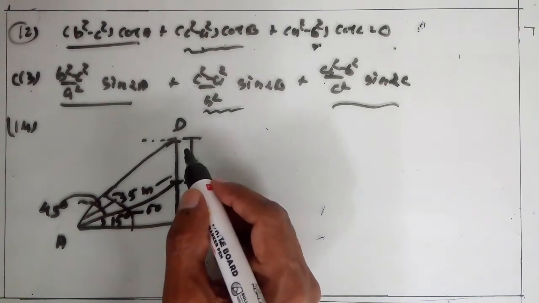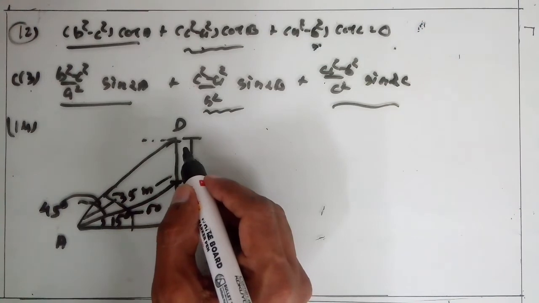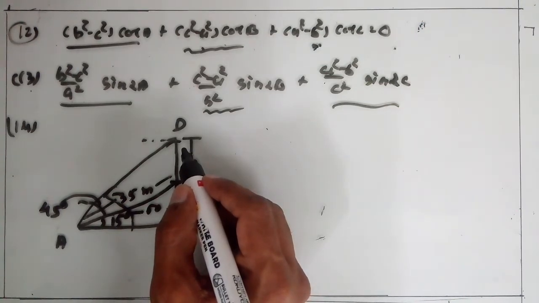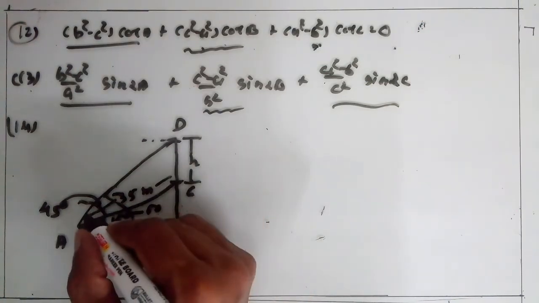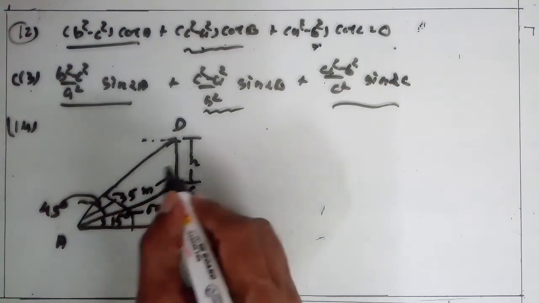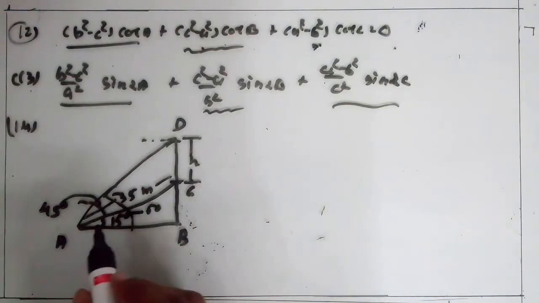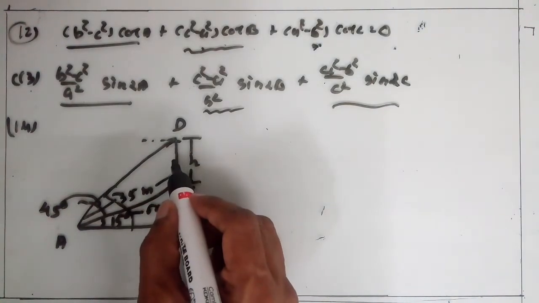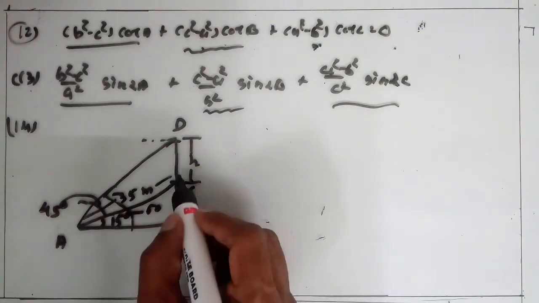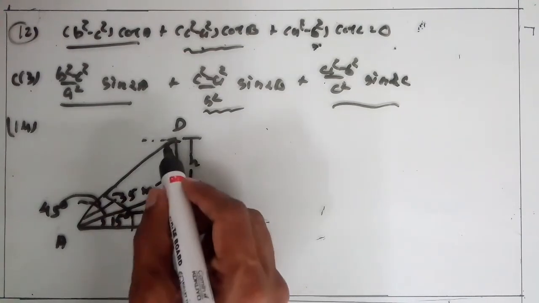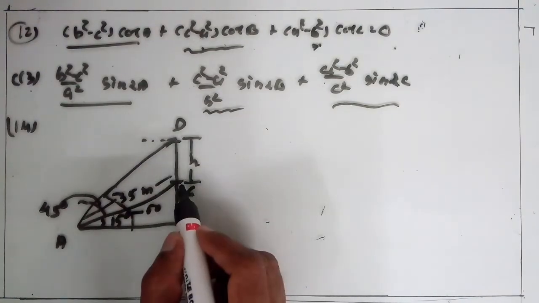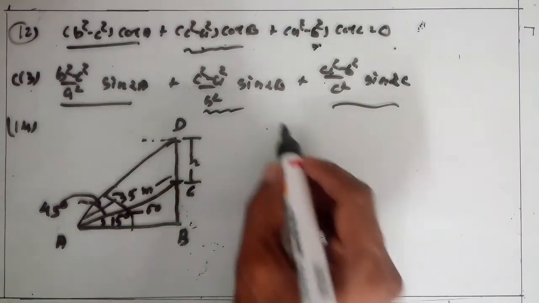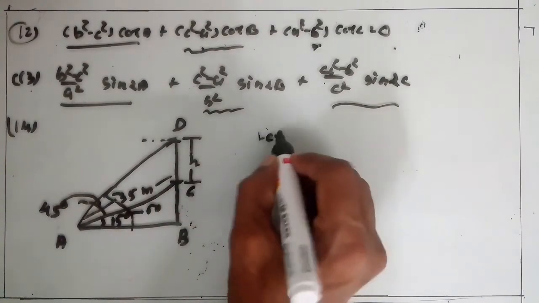Think which formula we apply. Sin A upon a is equal to sin B upon b. Clear?